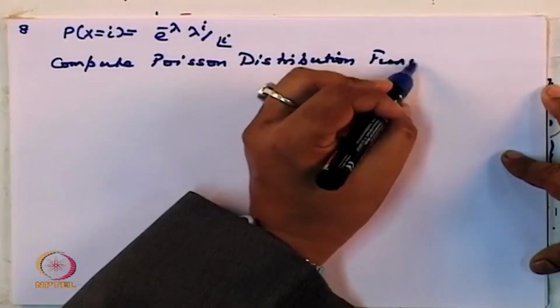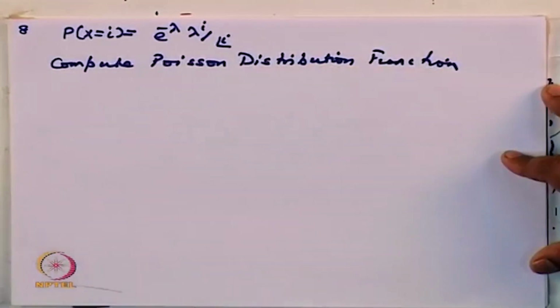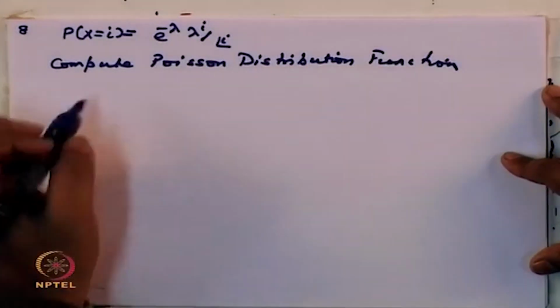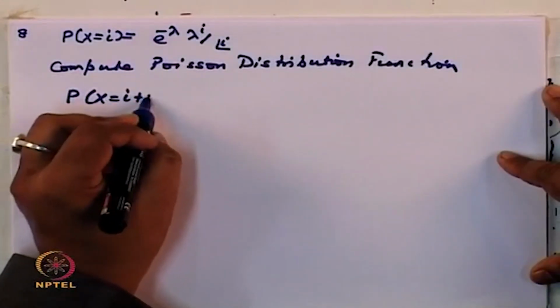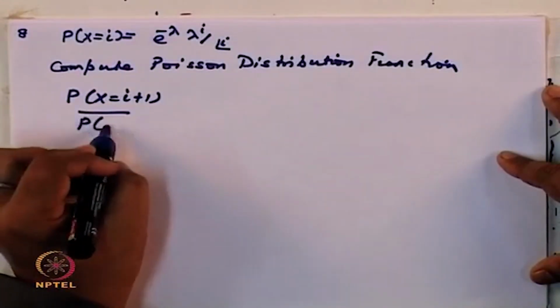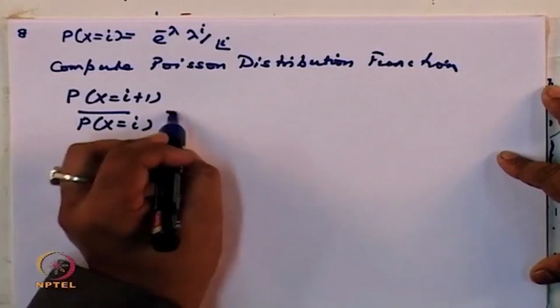In other words, how can you write a program to find each of the probabilities of the Poisson distribution? For doing that, what you can do is write down the probability of x equal to i plus 1 by the probability of x equal to i.